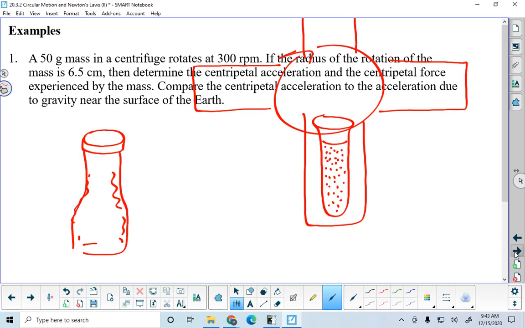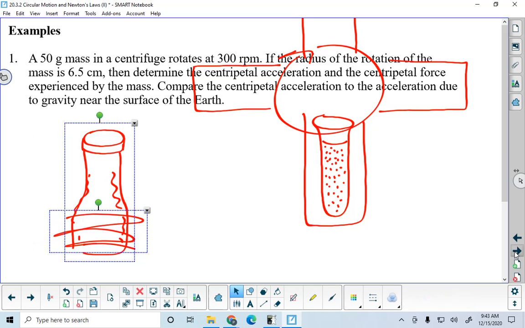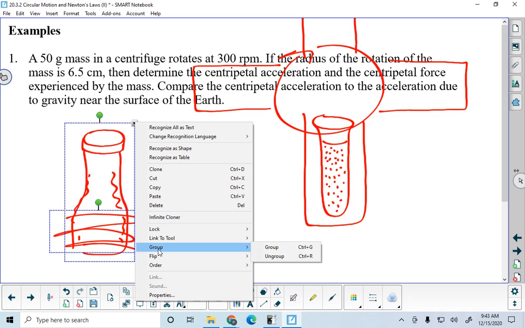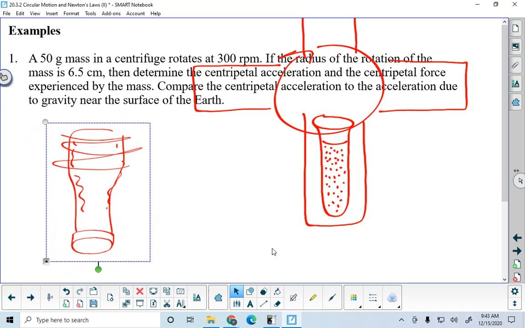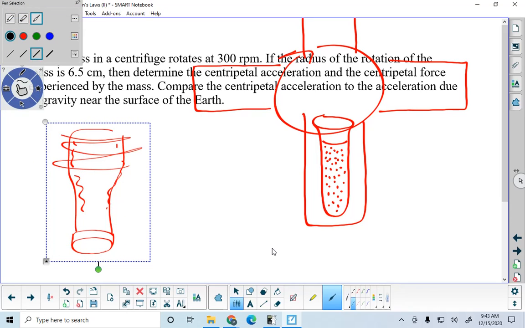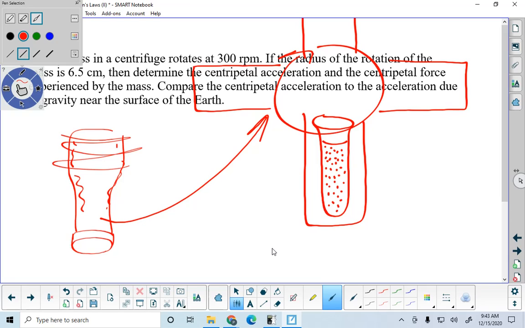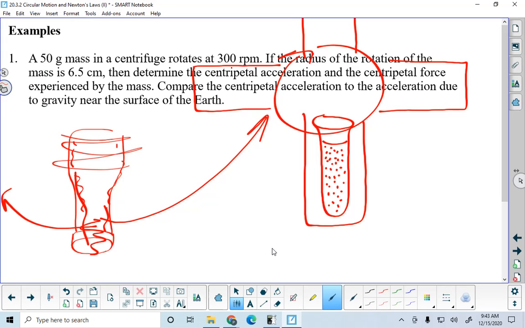Imagine holding it by this part, so that it's pointing down. So your hand is around there, and then swing your arm very, very fast back and forth. What you will discover is all of the ketchup ends up at the bottom. So a centrifuge spins this test tube very fast. That's what a centrifuge is.